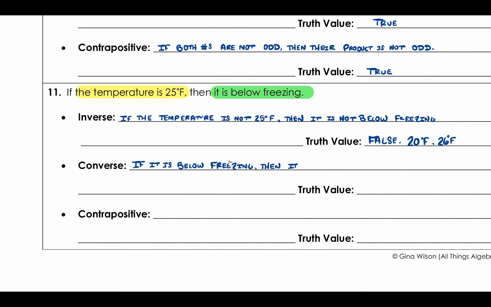If it is below freezing, then, no, it's a statement, so it's not a question.